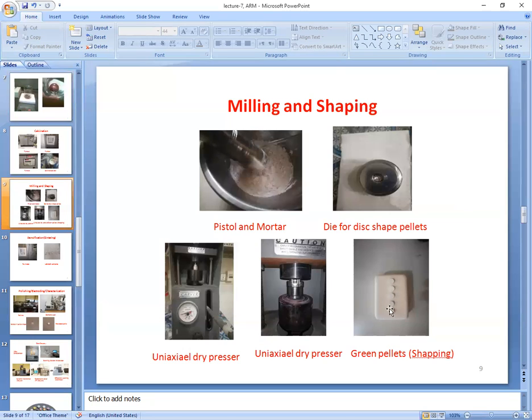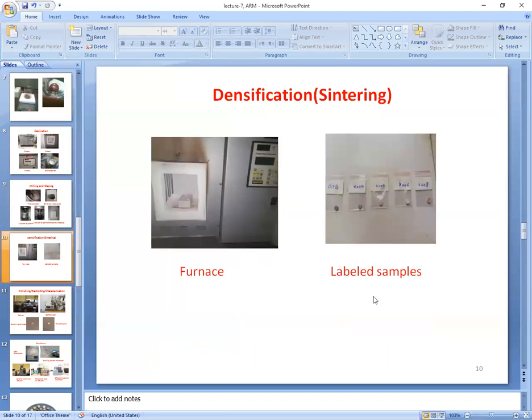After densification, we get the final product. This is basically the sintering process. It is stored in envelopes, and they are labeled, so that you do not mix up the compositions with each other.